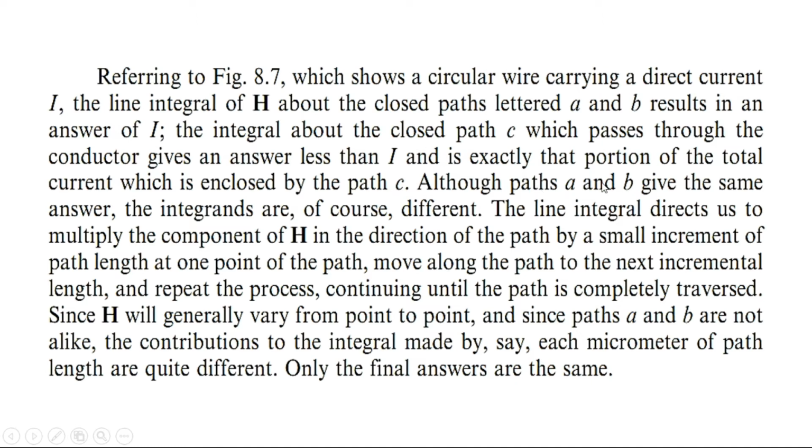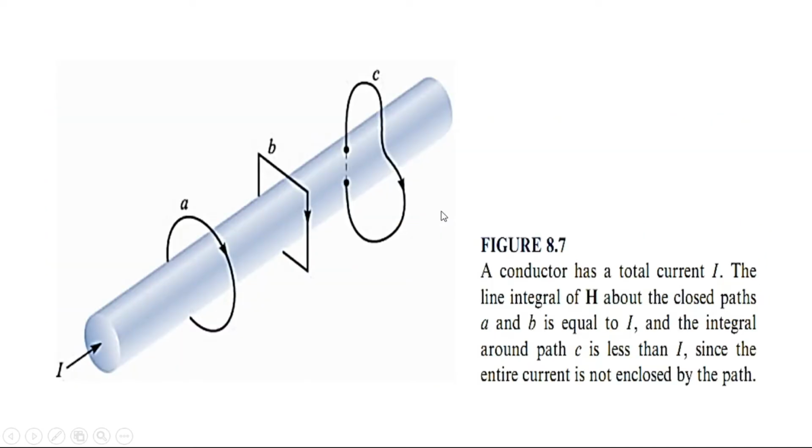Although paths A and B gave the same answer, the integrands are of course different. It means that if we look at this closed path and this closed path, both give the same answer, I. But these paths are totally different, so the integrands will be different.